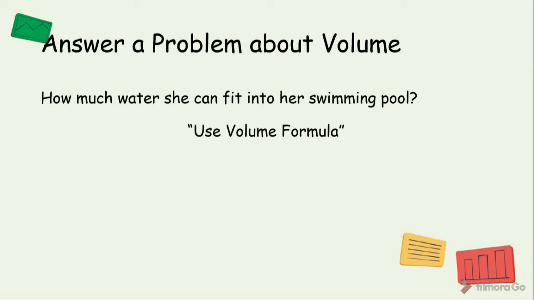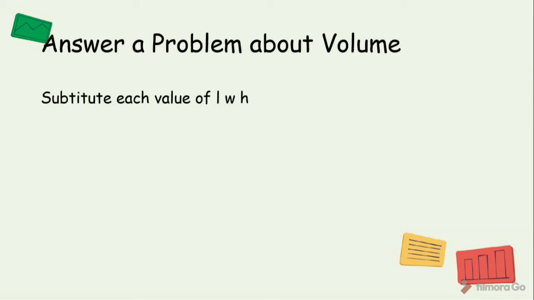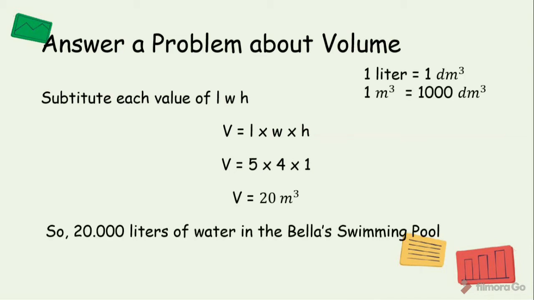In the previous lesson, the cuboid volume is LWH, or L times W times H. We substitute each value of the LWH. So, V, the volume, is equal to L times W times H. So, 5 times 4 times 1. And the result is 20 cubic meters.